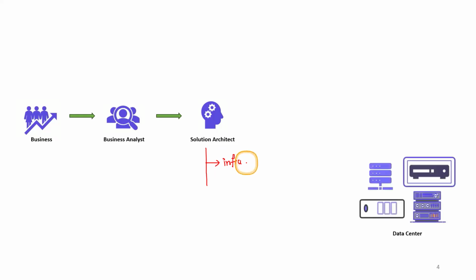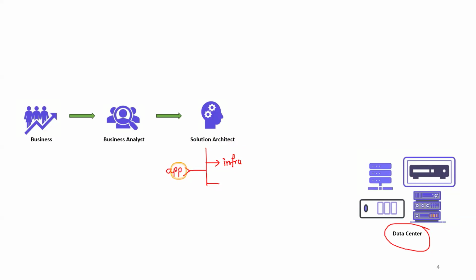Because you do not have a cloud platform, we were not working on a cloud platform 10 years before, 15 years before, we did not have any cloud platform. So that's where the companies are maintaining their own data center. So whatever infrastructure is required for their own application purpose, they wanted to create some application.